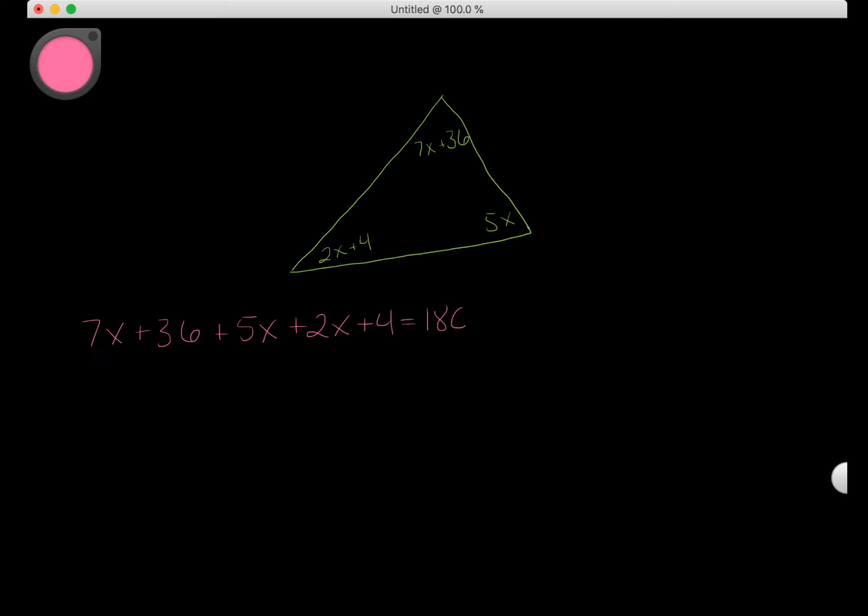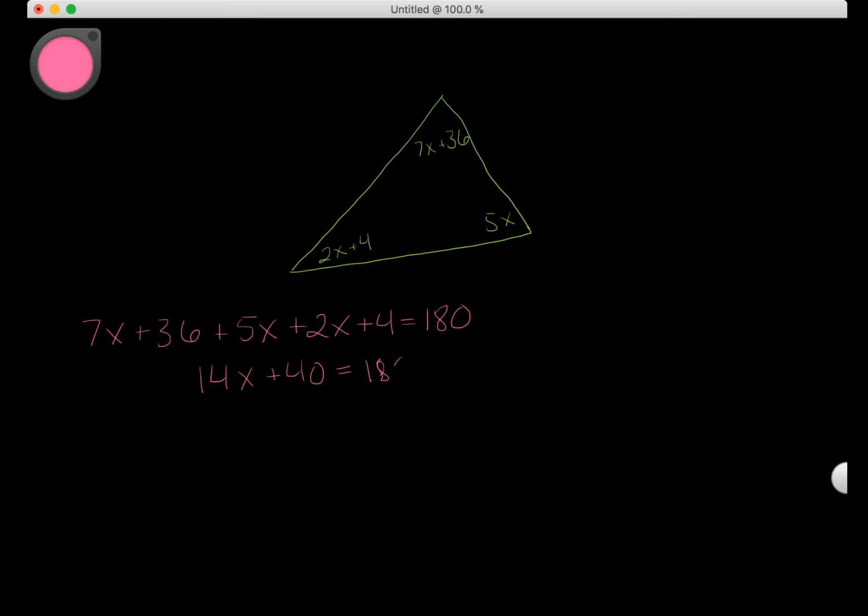Let's solve for x. Combine our like terms. 7x plus 5x plus 2x is going to be 14x. And 36 plus 4 is 40, equals 180.